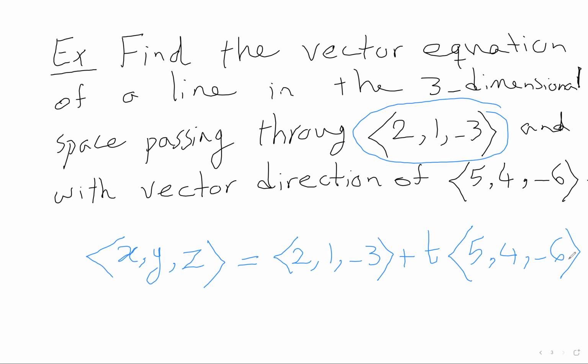Just one explanation. Usually this will be given as a point. So in the problem, usually it's given as a point. But when I translate this as a vector, I write it this way. I use the vector notation, not parentheses anymore.